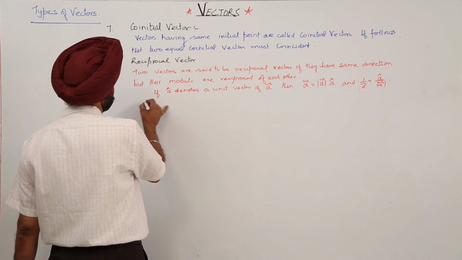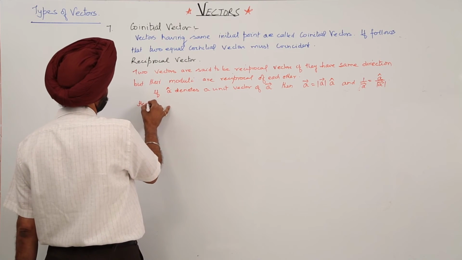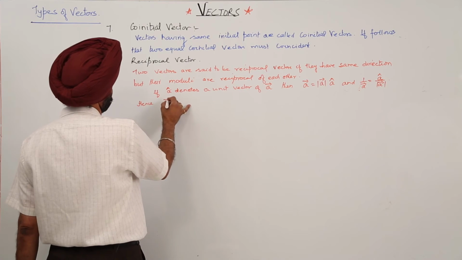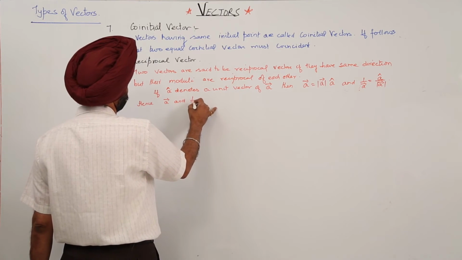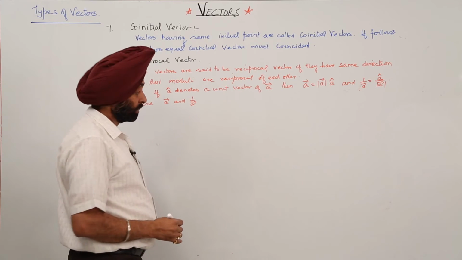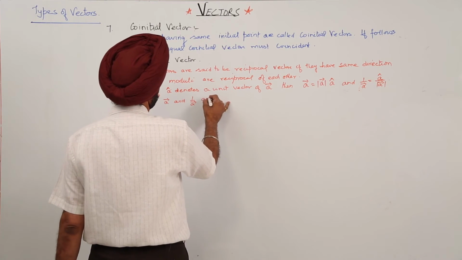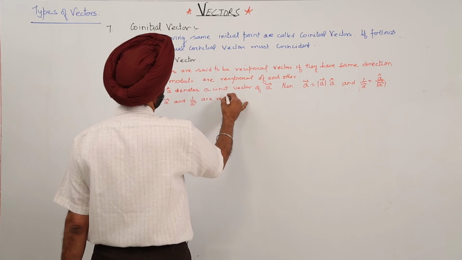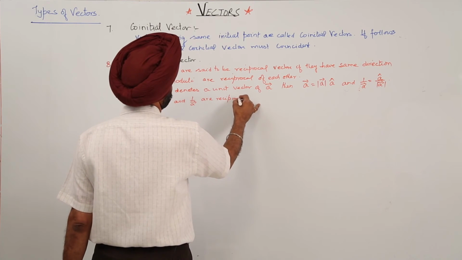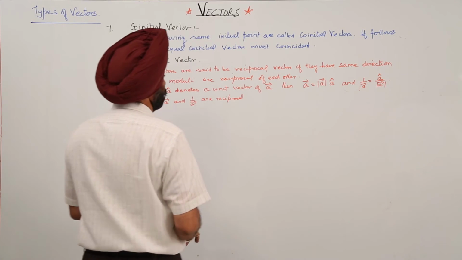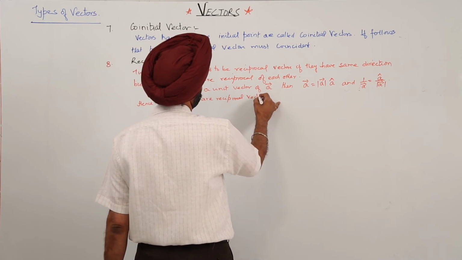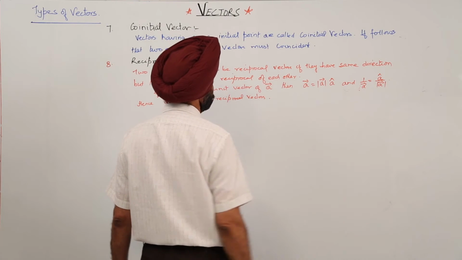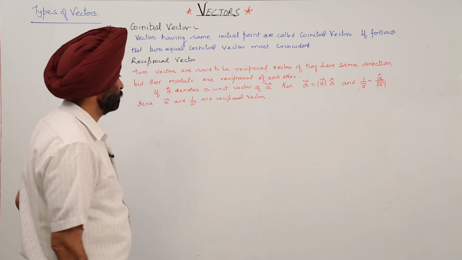Hence vector A and 1 upon vector A are reciprocal vectors. Is it clear?